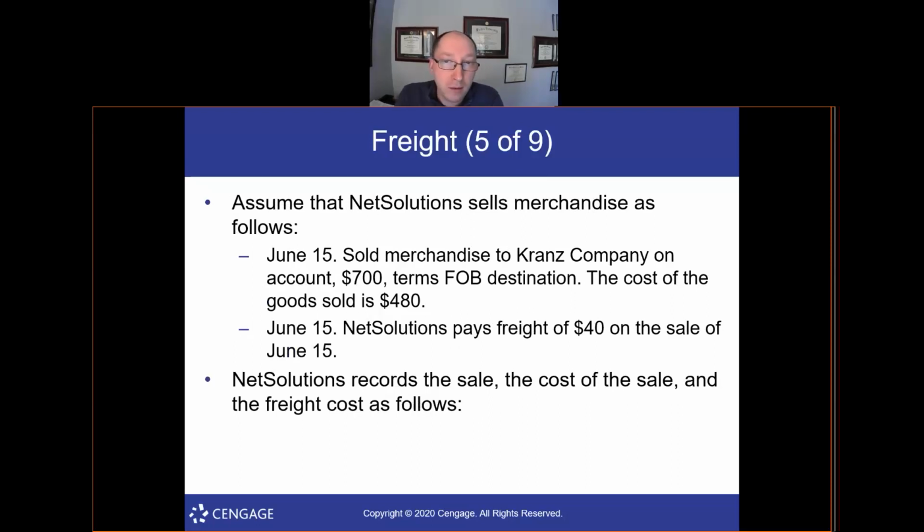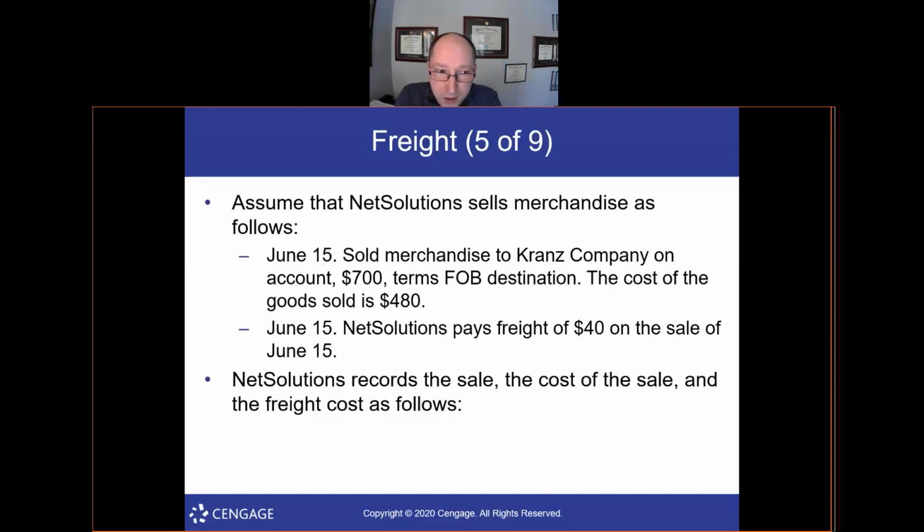Let's assume that we sell merchandise on June 15th. We sold to our customer $700 free on board destination, meaning that we paid the freight as well. Cost of goods sold is $480. The cost of freight was $40. So we would record the sale. We would debit accounts receivable.